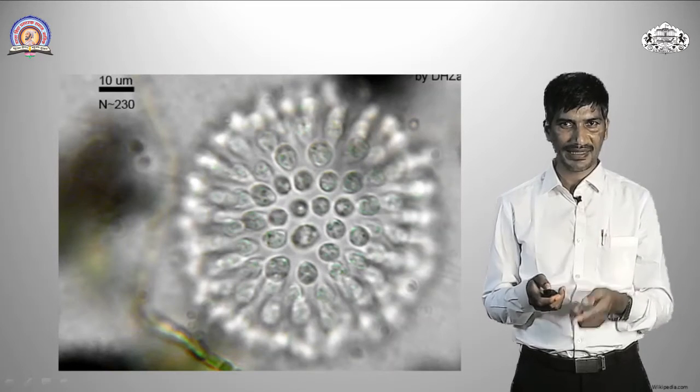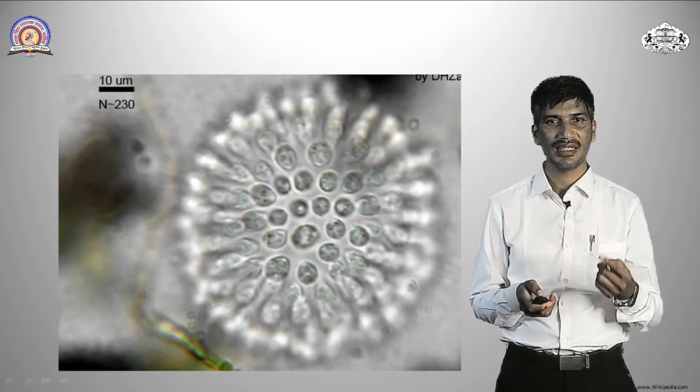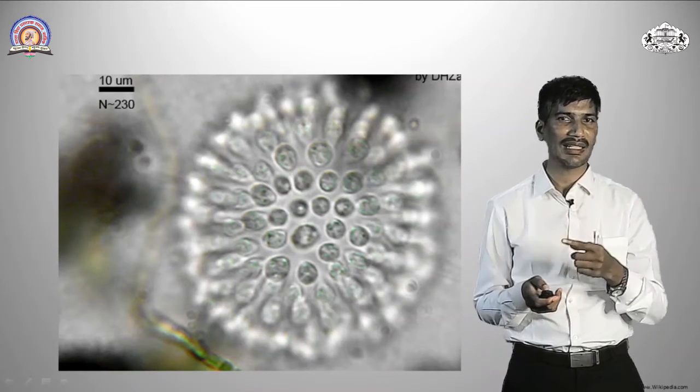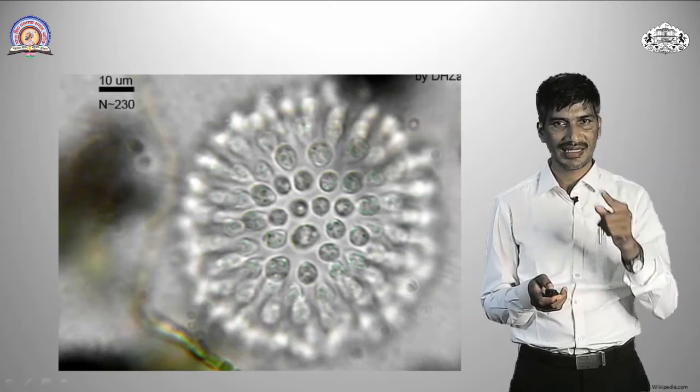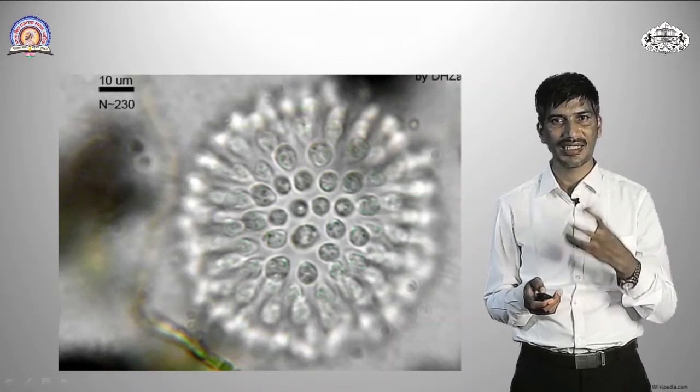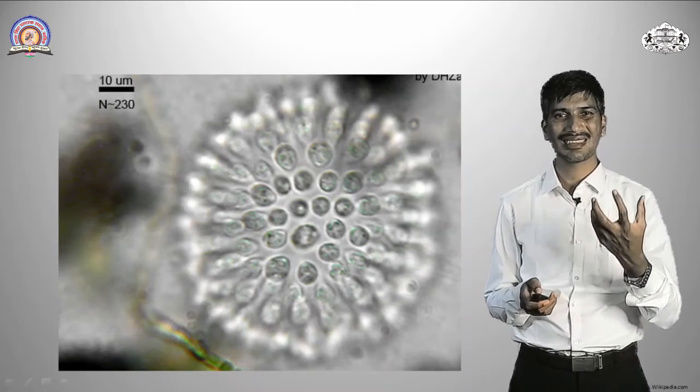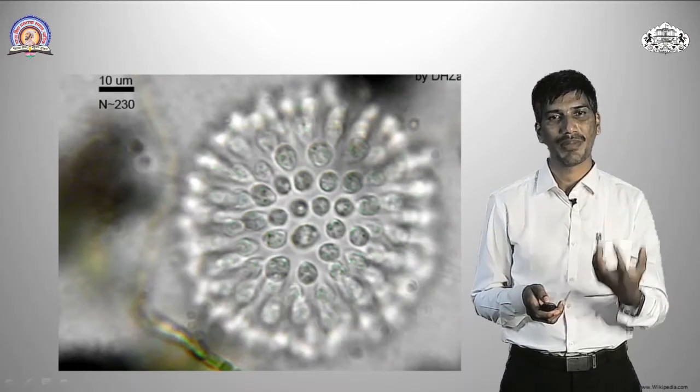In the picture we observe that single protozoan animals are arranged in a circular manner, and in the central part there is a hollow structure, and this is similar to the blastula stage.